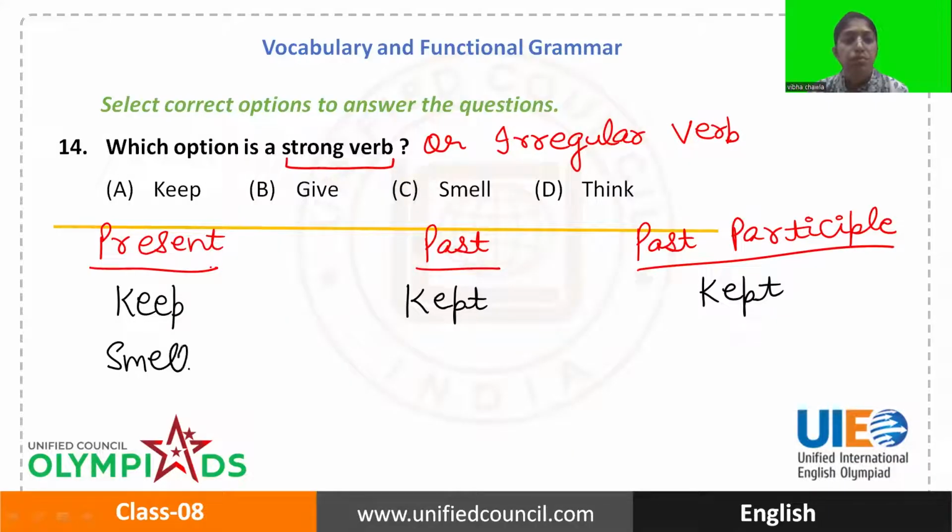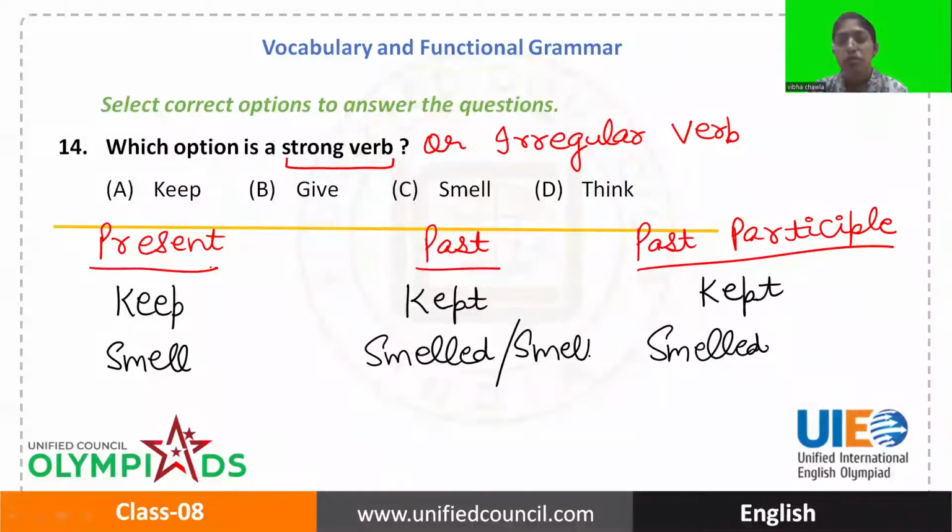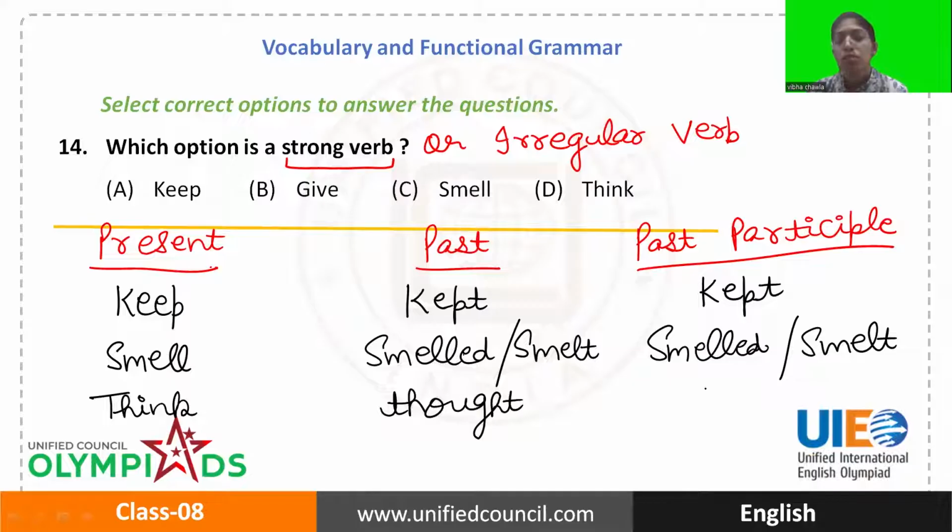Then, smelled, smelt, or we can say smelled, smelled. Both are acceptable. Then we have think, thought, thought. So basically, these follow a fixed pattern. They all are regular verbs.